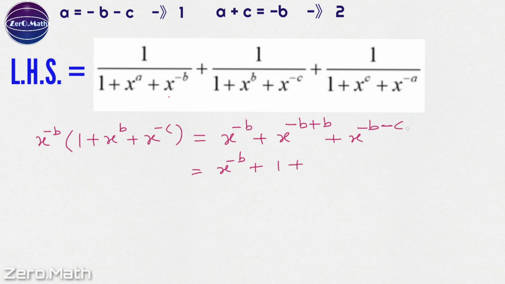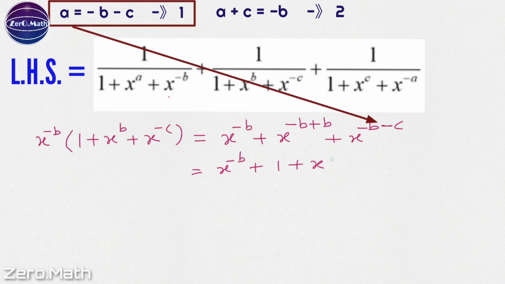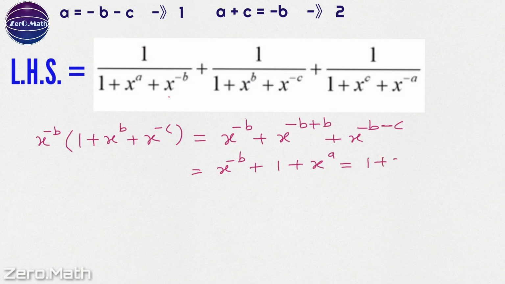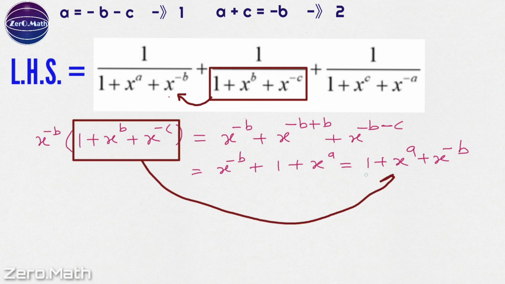As per equation 1, minus b minus c is equal to a. So we can write it as x to the power a. If I rewrite it, I can write it as 1 plus x to the power a plus x to the power minus b. So you can see we have converted term 2 in the form of term 1.